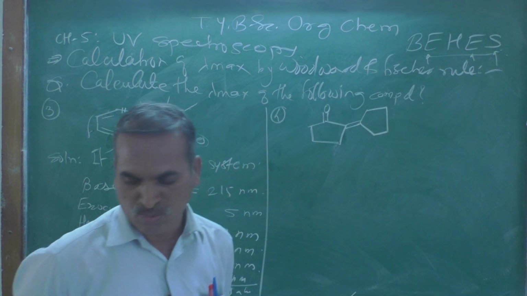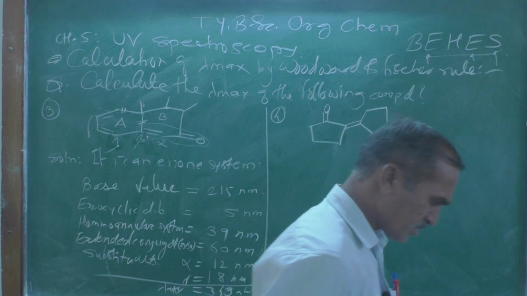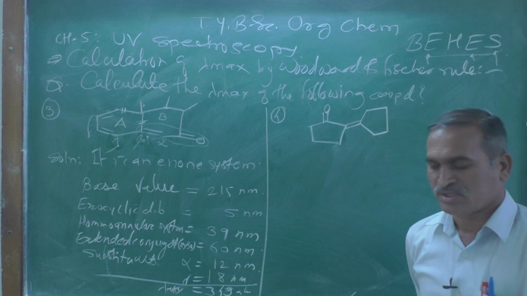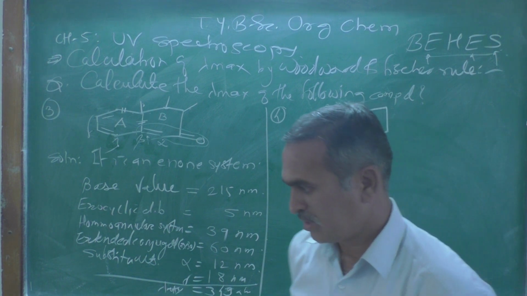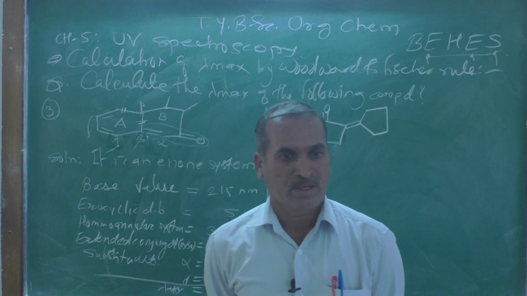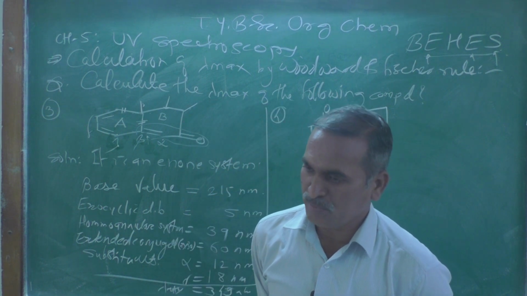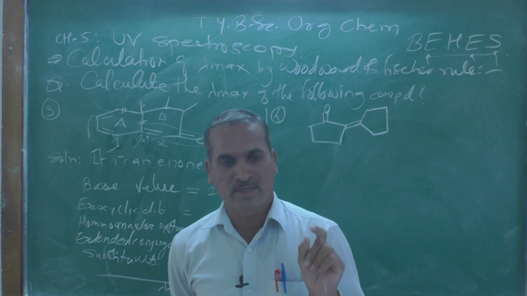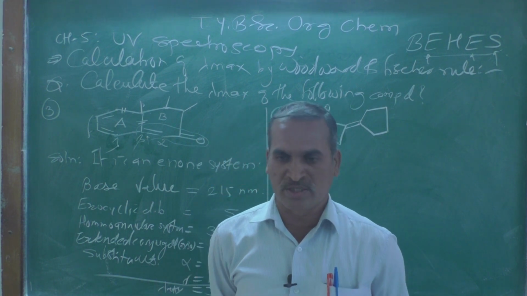This is one of the structures. Now observe this structure carefully and tell me what kind of system is present in this compound, whether it is a diene system or an enone system.